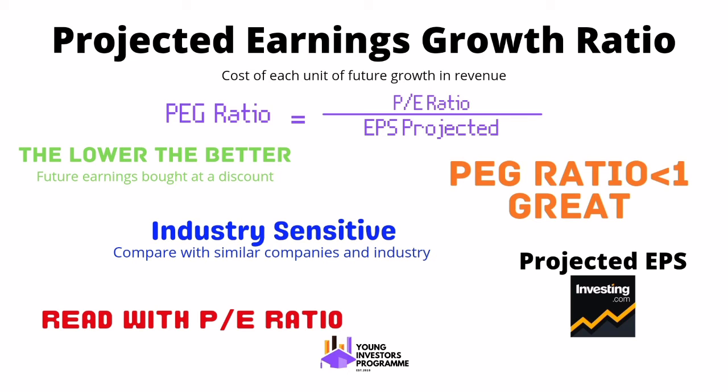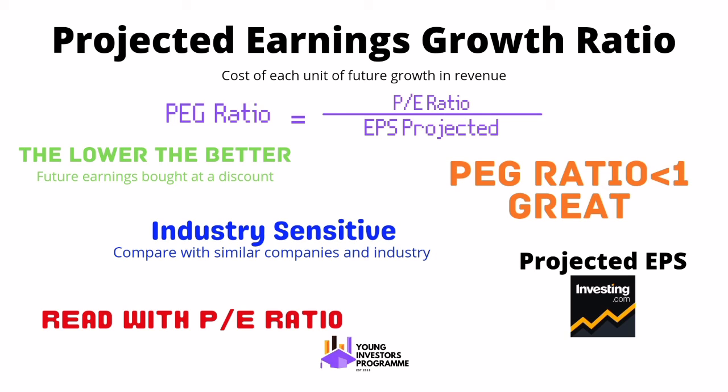It would kind of be industry sensitive, but I think that is fairly good. Like I said, it's industry sensitive. You'd have to compare with similar companies as well as the industry. It is very important that you read the PEG ratio with the PE ratio. You can get the projected EPS from places like investing.com, which we will be discussing in the next slide.